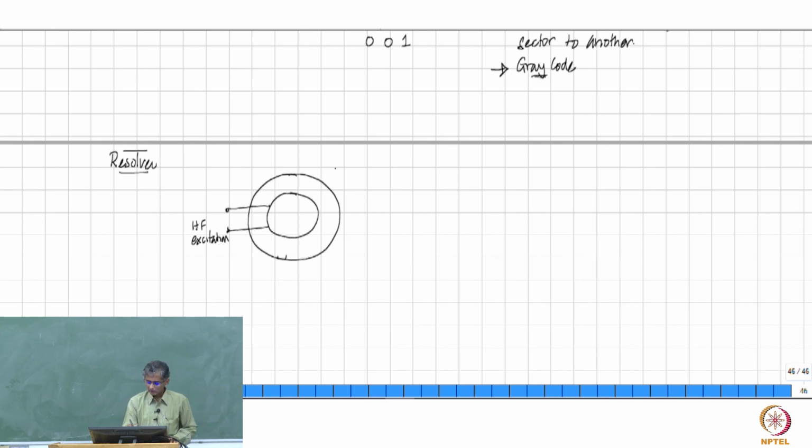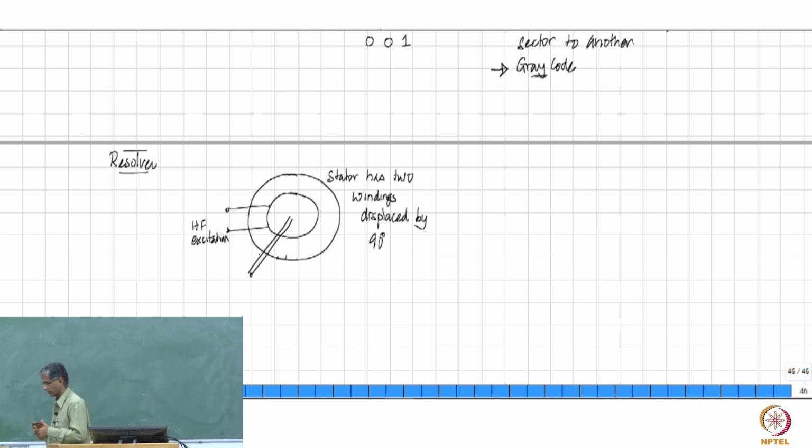Okay. Stator has two windings displaced by 90 degrees, and the rotor is then linked to your system electric motor for which you want to determine the rotor angle.